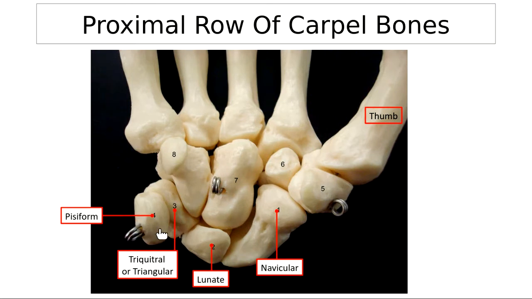Now, when I was going to school, my instructor had a little mnemonic poem that helped you remember these. The poem goes: sailing along, that's to navigate, so that's navicular. Sailing along by the light of the moon, Luna is moon, right?